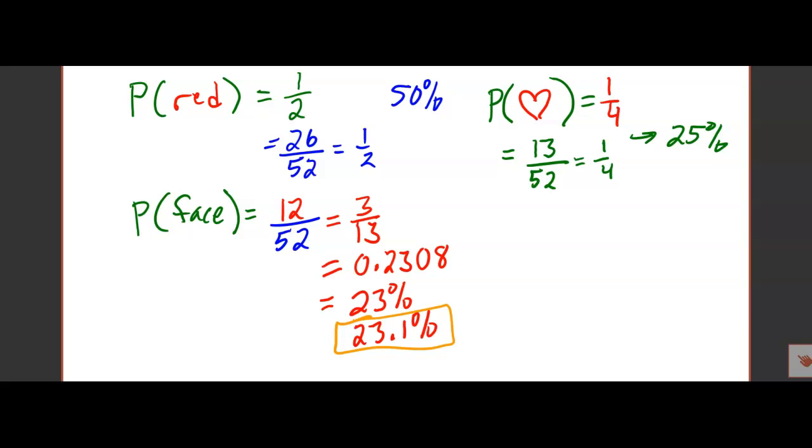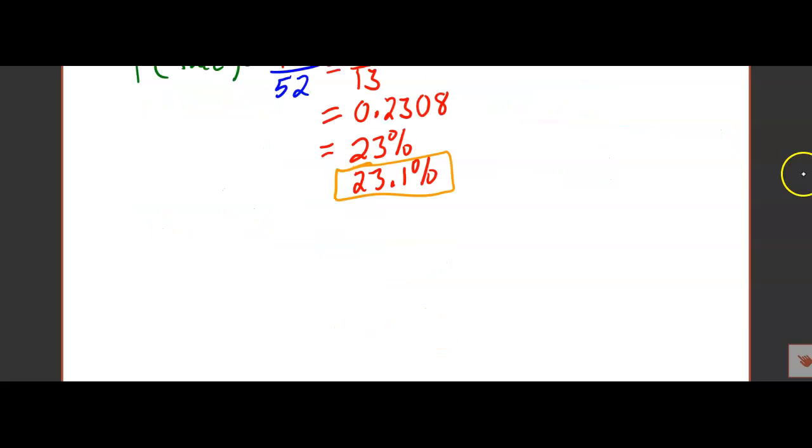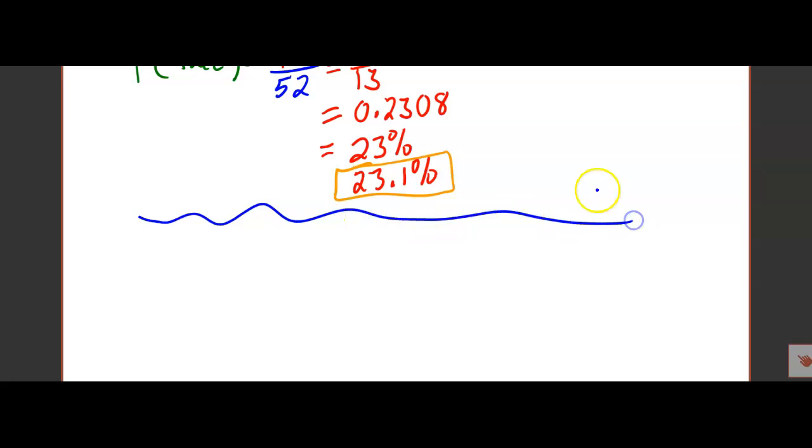So the next major concept here is what's called conditional probability.